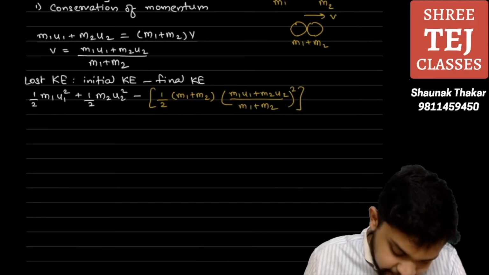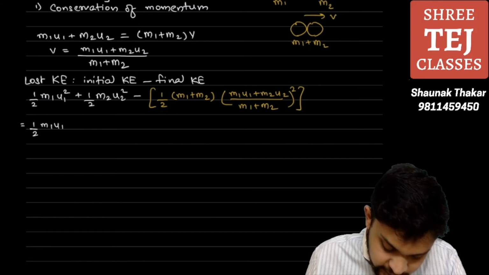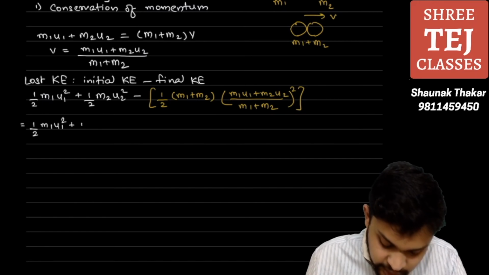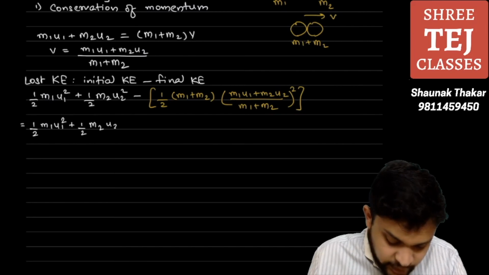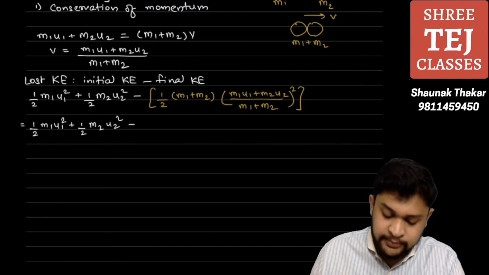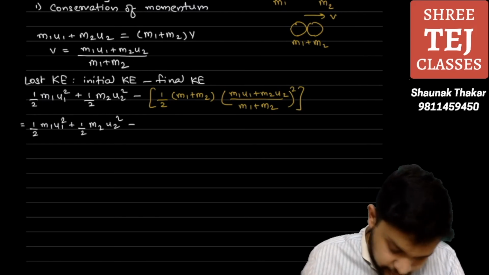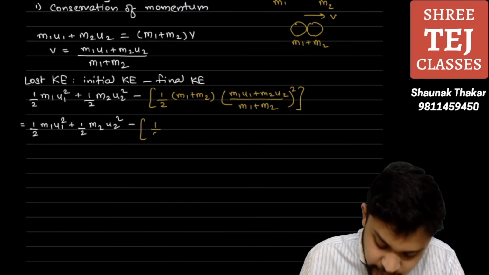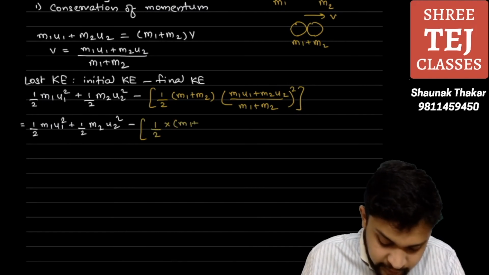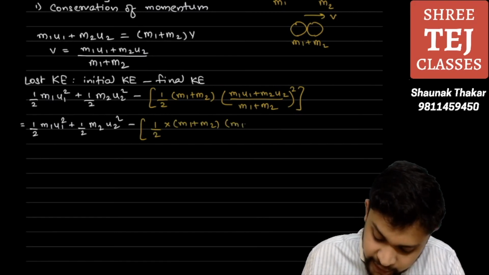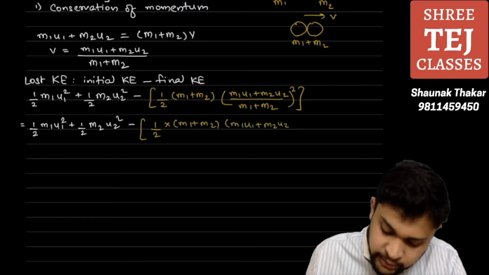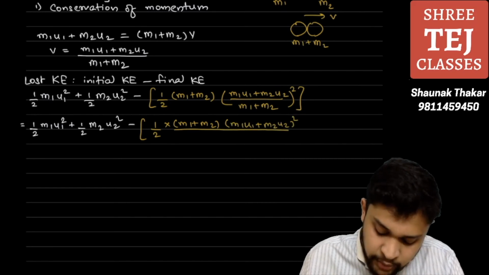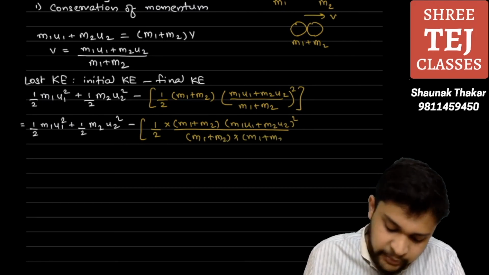So this will become half m1 u1 square plus half m2 u2 square minus, now inside we get 1 by 2 multiplied by m1 plus m2 into m1 u1 plus m2 u2 bracket square upon m1 plus m2 into m1 plus m2.